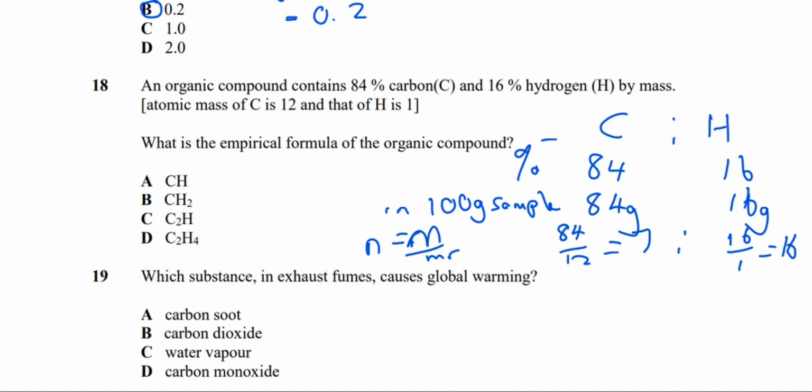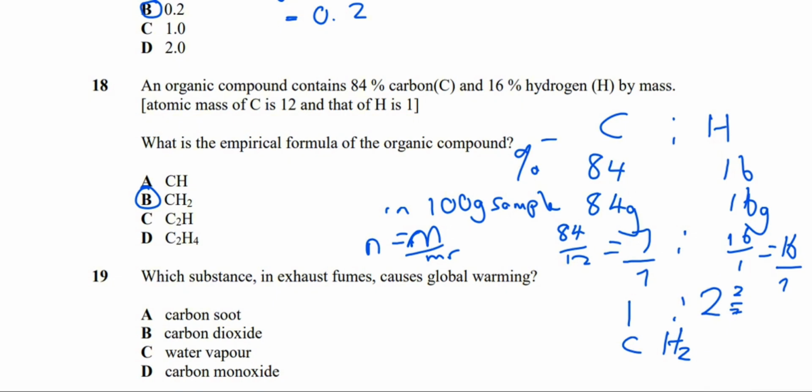So now to find the simplest ratio, we have C7H16, so divide by 7 for both. We divide by 7 here, here we'll get 1, and here we'll get 16 divided by 7, we have 2, remainder 2 over 7. Since we can round it down, the compound can have C bonding with H2. So this is this one, okay?